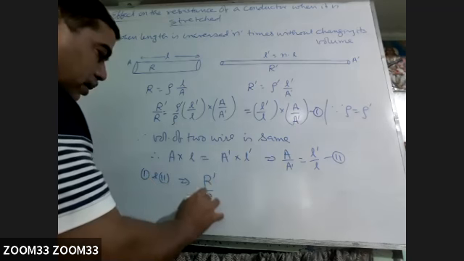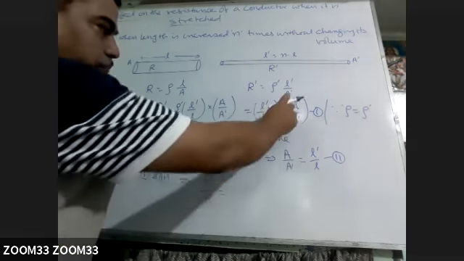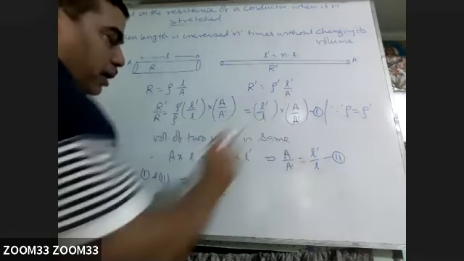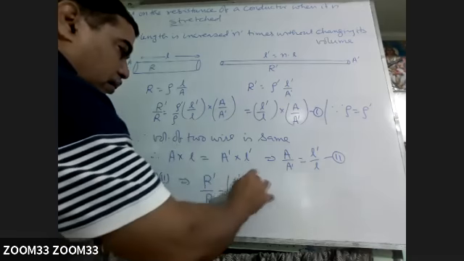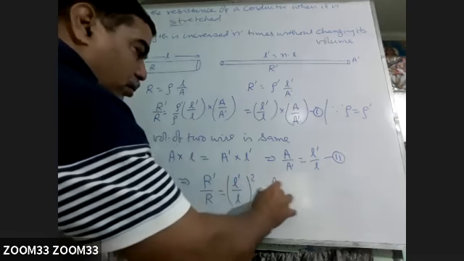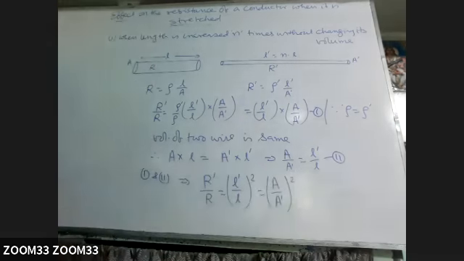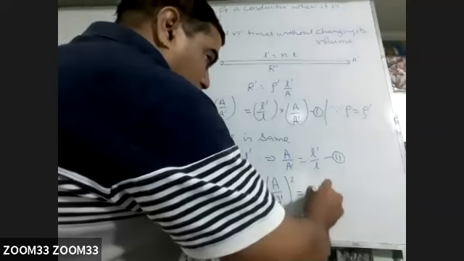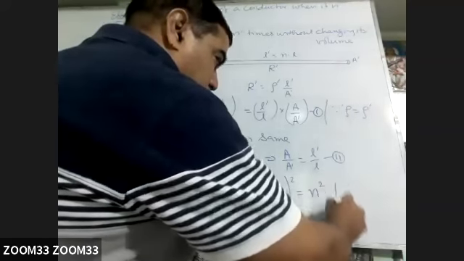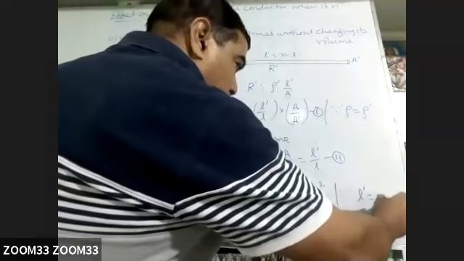R dash over R is, in place of A by A dash, we can write L dash by L. So it is L dash over L whole square, or it may be A over A dash whole square. This is equal to n square, where L dash is n into L.